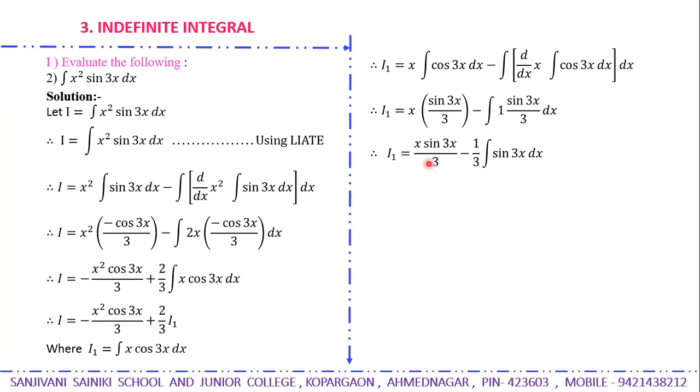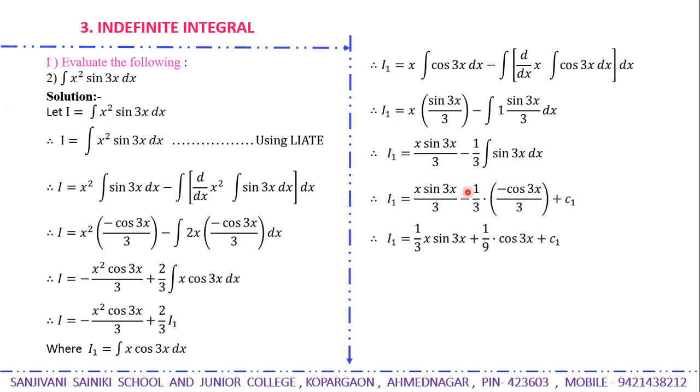So I1 is equal to x sine 3x upon 3 minus 1 upon 3 integration of sine 3x. But the integration of sine 3x is minus cos 3x upon 3. So again this minus minus will become plus, and you will get the integral as 1 upon 3 times x sine 3x plus 1 upon 9 cos 3x plus c1.